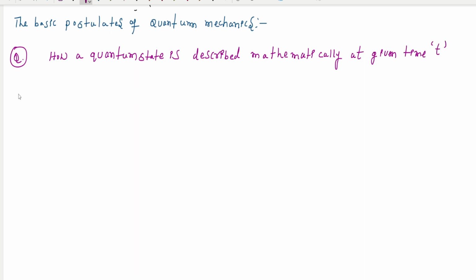This is my first question. And the second question is how to calculate the various physical quantities from this quantum state.